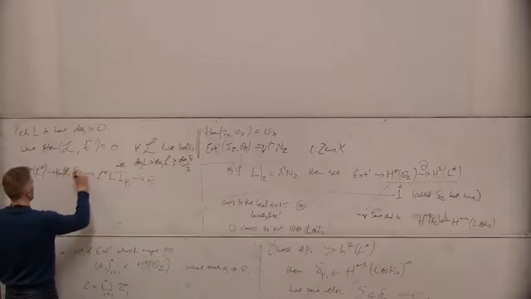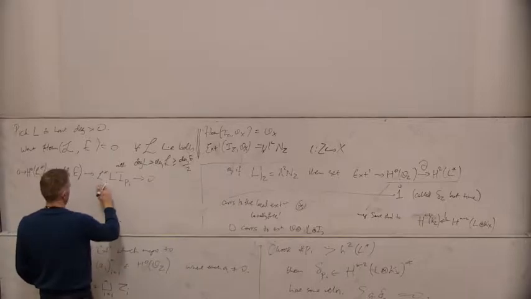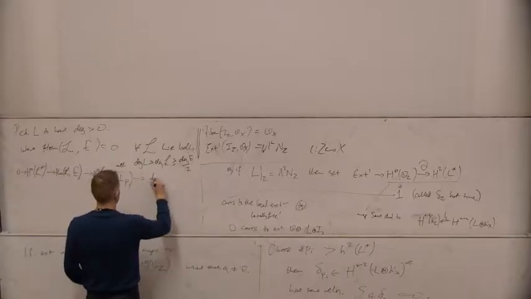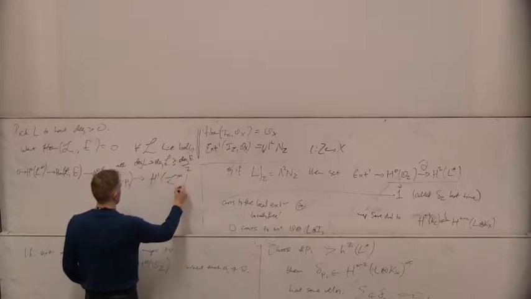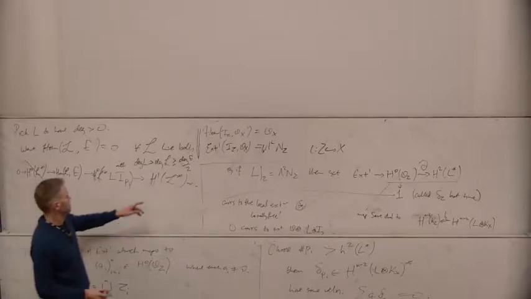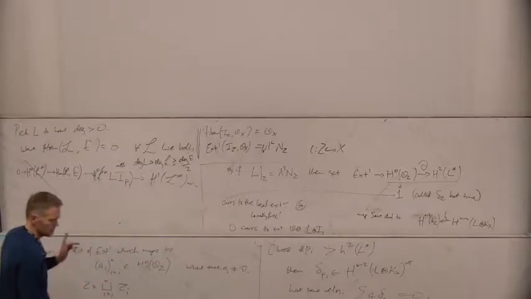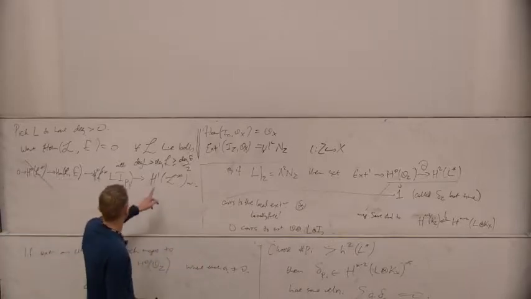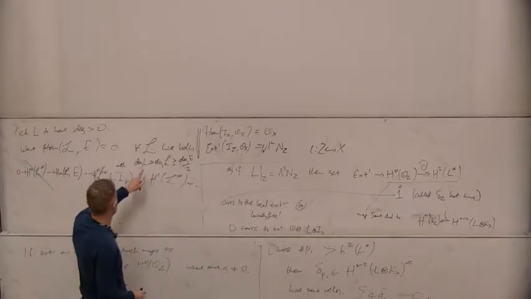Curly L. Okay, and then these are sections, and then we carry on to H1 of L dual. Okay. And we're trying to show this is 0. This is 0 because of the degree of L. The degree of L is positive, is it?